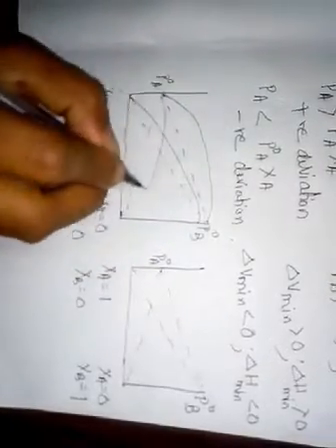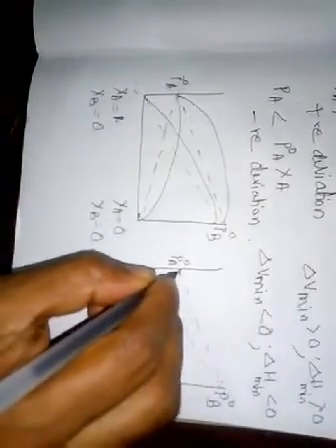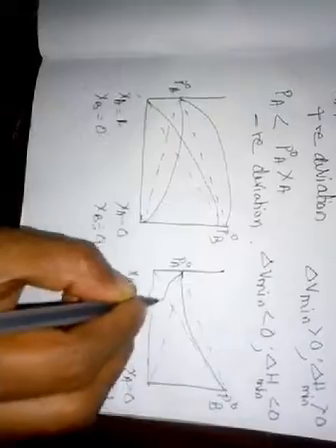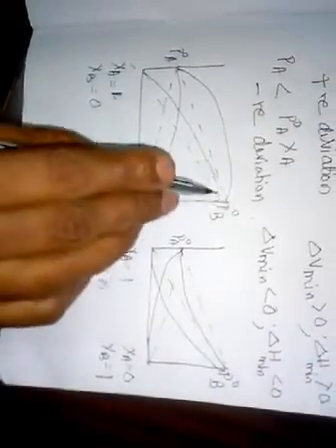Here also we take P naught B, P naught A. Now for positive deviation, we have a bulged out graph for individual vapor pressures and for total vapor pressure. For negative deviation, we have depressed graphs, same for total vapor pressure and for individual vapor pressure. Now dotted lines give the graph for ideal solutions and the solid lines give for non-ideal solutions. This is positive deviation, this is negative deviation.